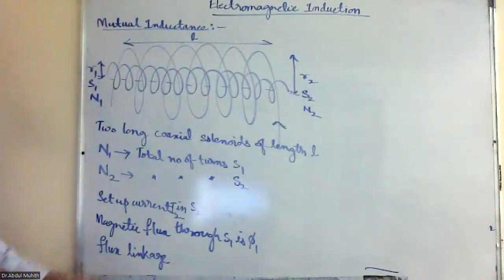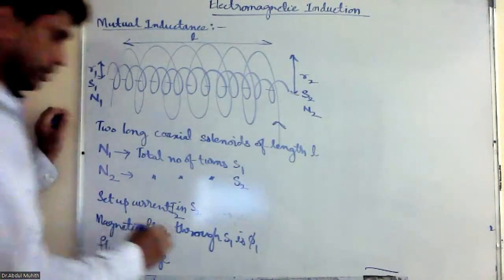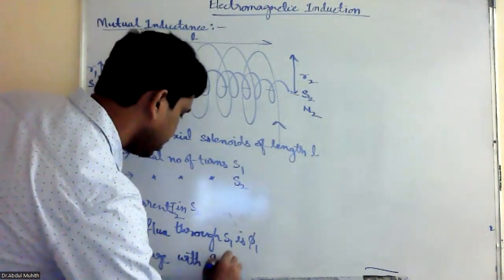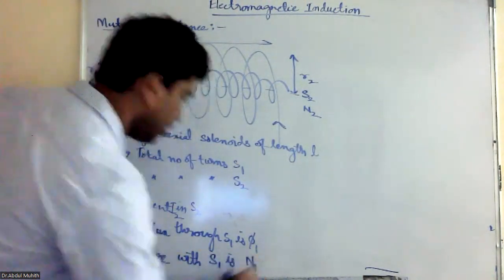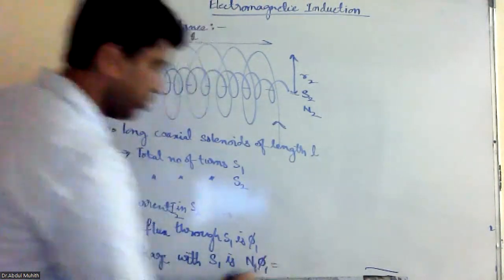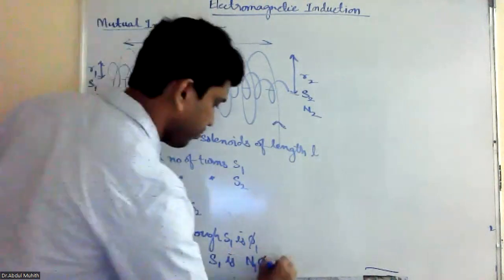No. Flux linkage with solenoid S1 is N1 phi1, which is equal to M12 into I2.